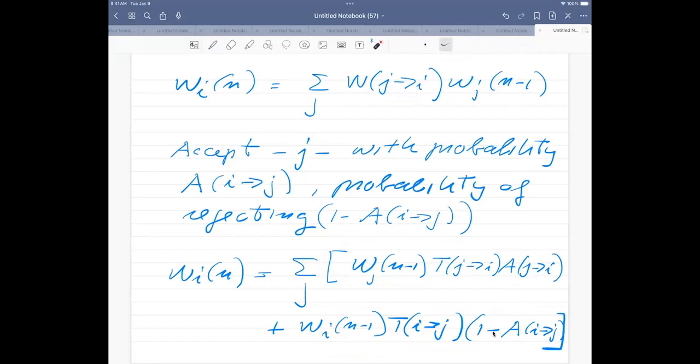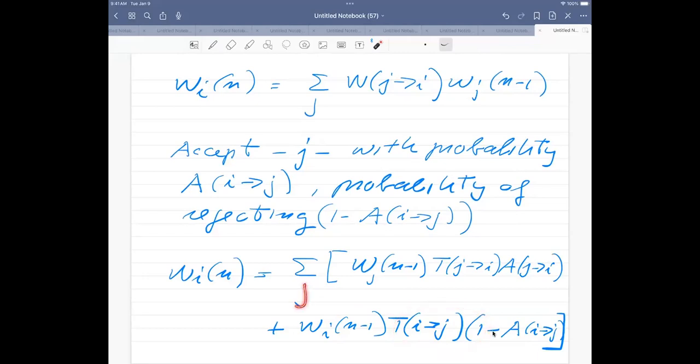Now, what is interesting for us is the following. The thing which I know is that these probabilities are normalized. When you look at this equation, there is a sum over j, but this w_i doesn't depend on j, and I also have a term which multiplies with 1.